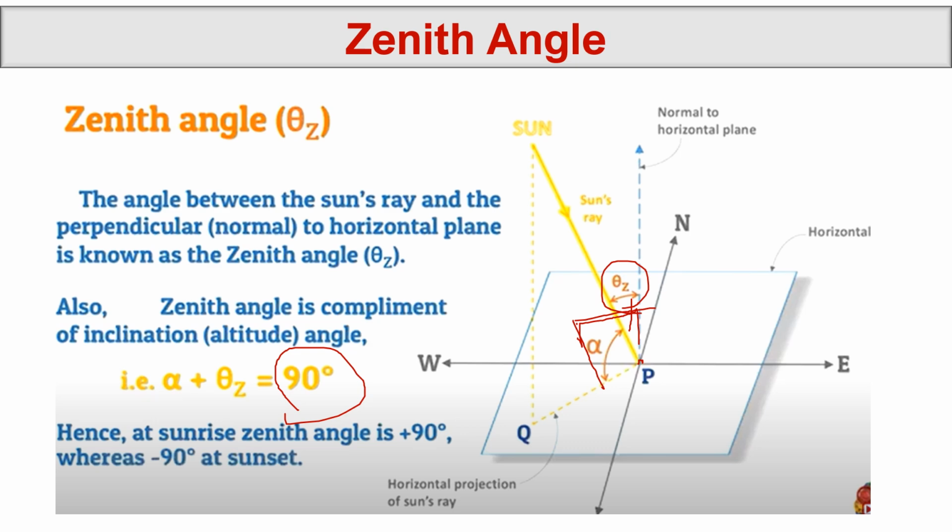So the inclination angle and the zenith angle together will make 90 degrees.